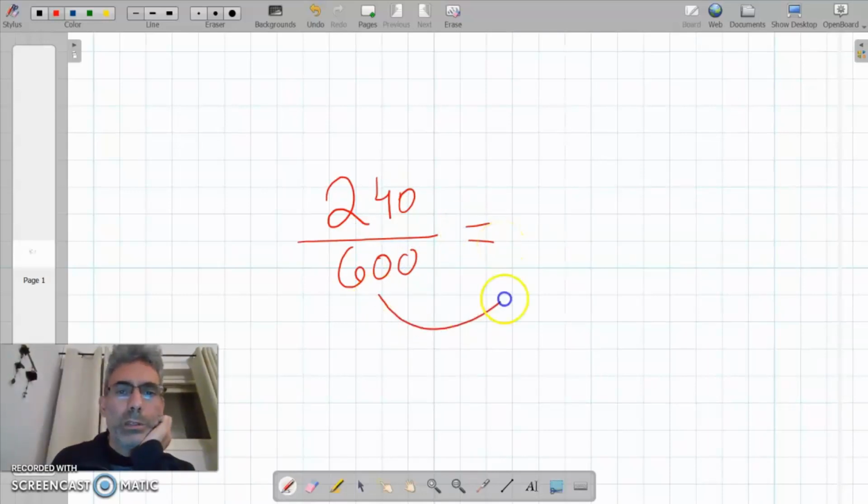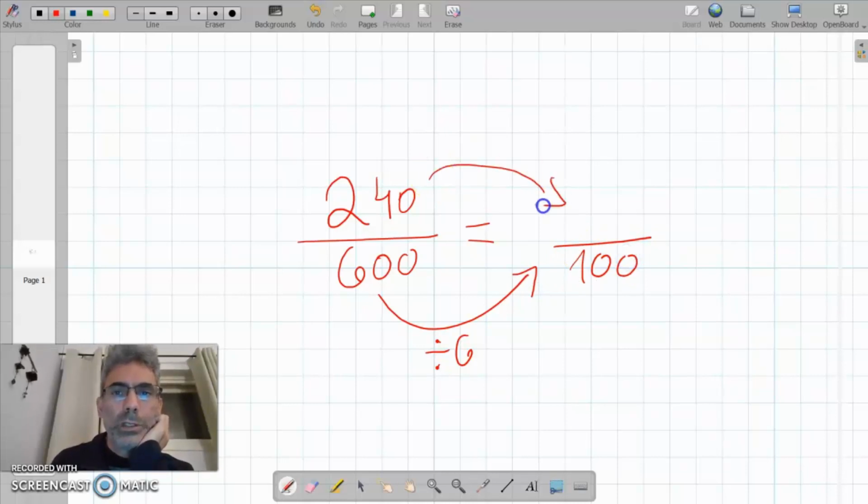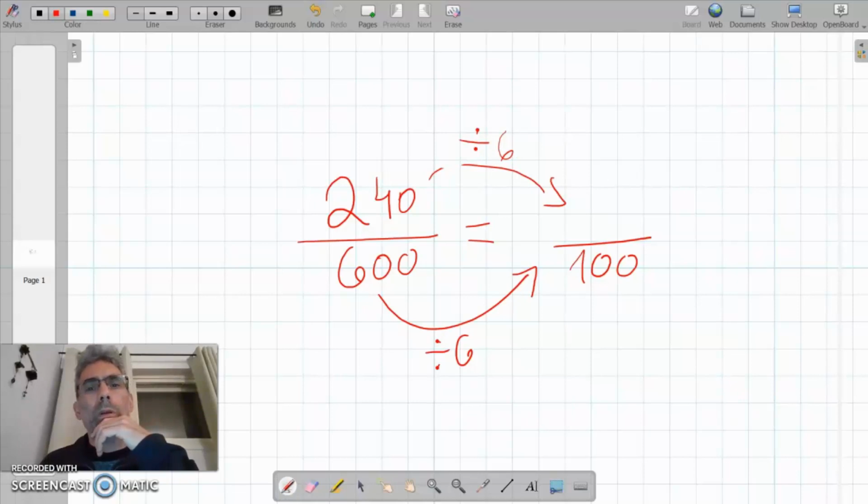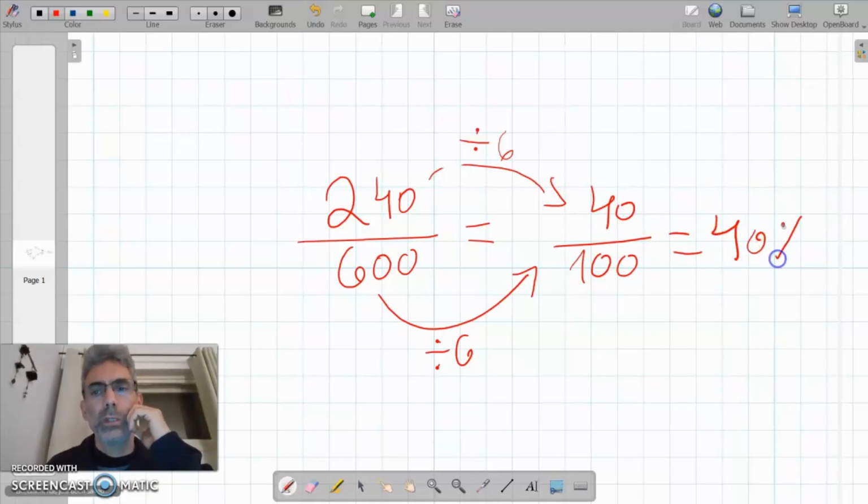If we divide the denominator by 6, we get 100. We divide the numerator by 6, we get 40. So 40 hundredths are 40%.